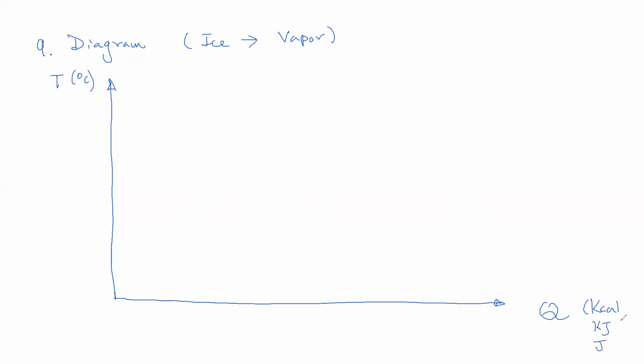So in this case, we're going to do kilocal. So we're going to start with negative 40 degrees C. So this is ice at negative 40 degrees C. And the vapor is going to go up to, say, 1000 degrees C.